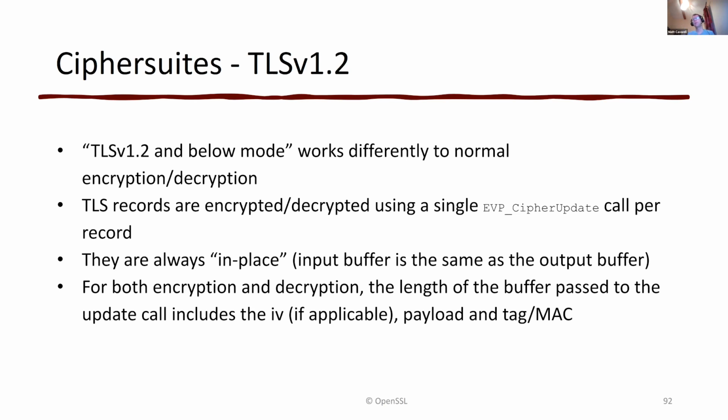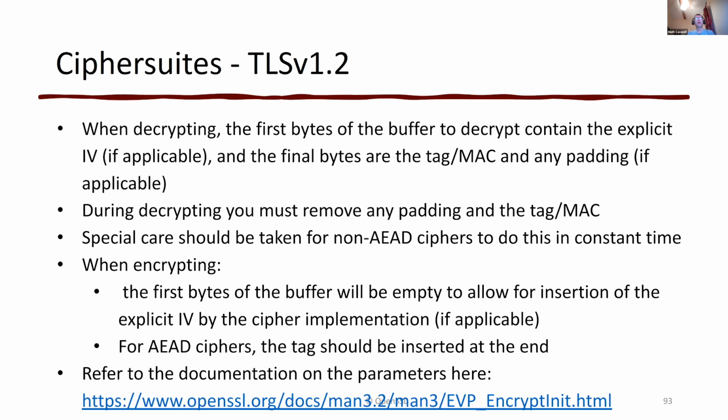So that means the input buffer and the output buffer are the same buffer. The length of that buffer includes any IV if it's applicable, the actual payload, and space for any tag and MAC and so on. You need to do it slightly differently for decrypting versus encrypting.